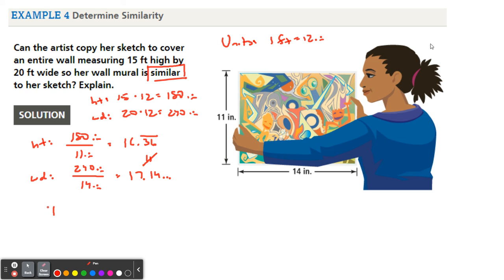So we're going to say the scale factors between the heights and the widths are different.